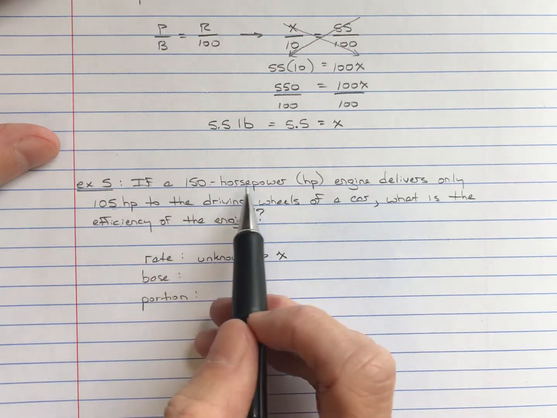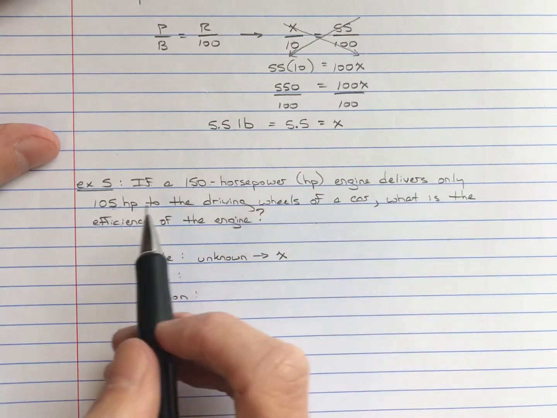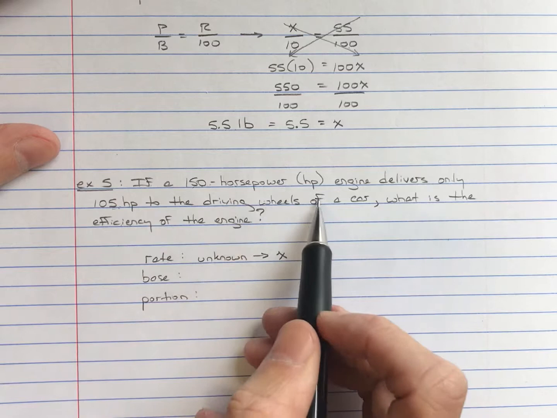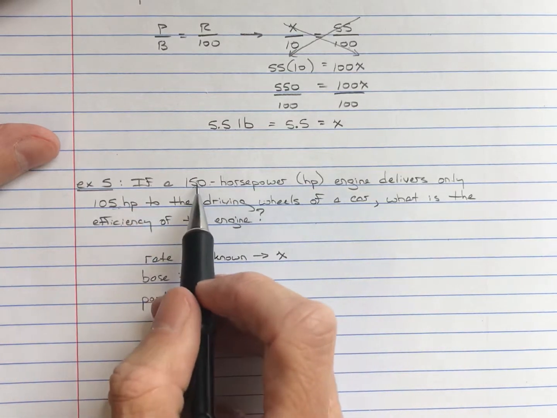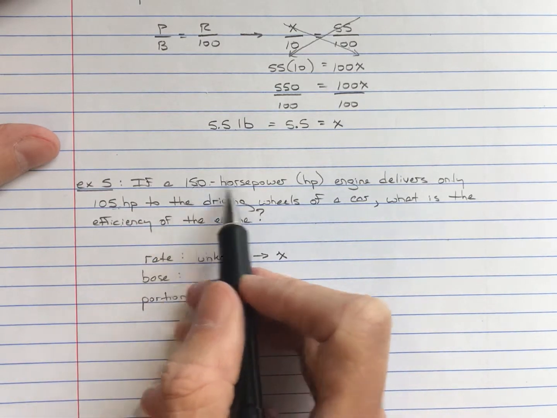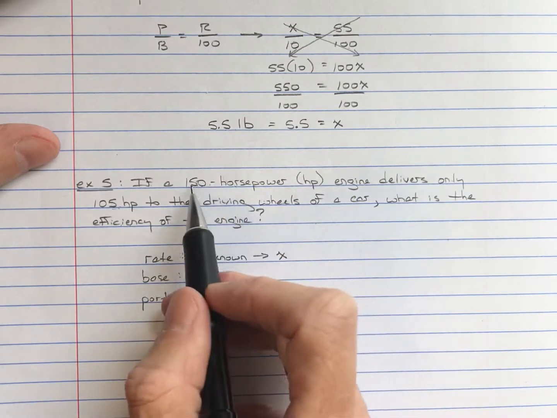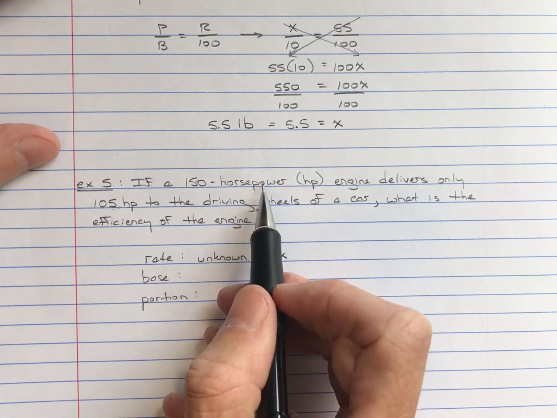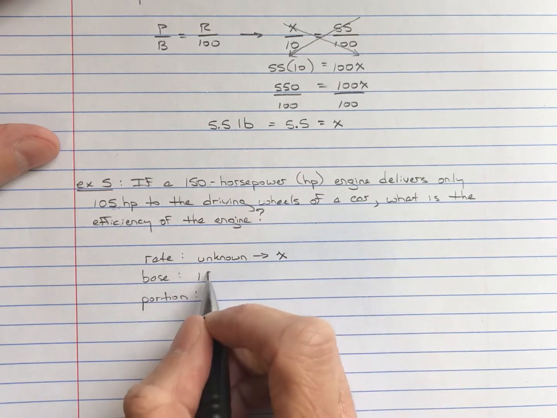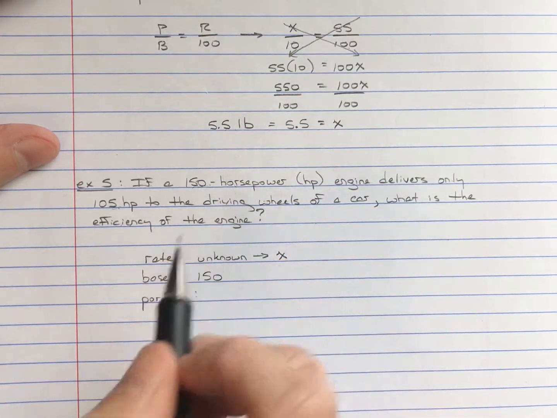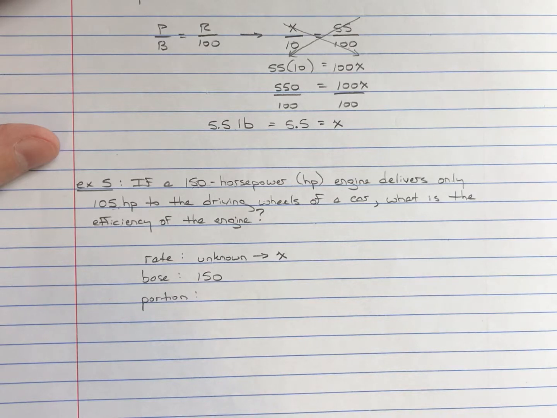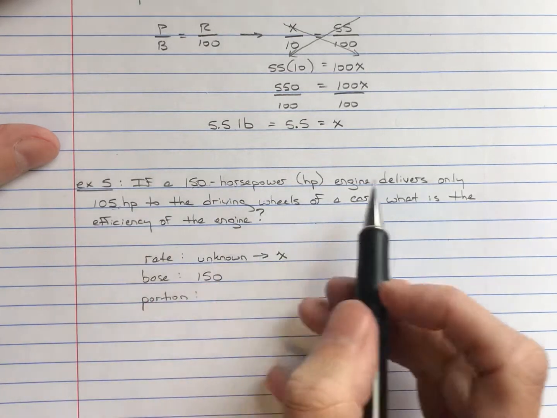If a 150 horsepower engine delivers only this much to the driving wheels of a car, well, this is the base, because this is the whole engine. This is the whole amount of power involved. So the base is 150 horsepower. Its maximum is 150 horsepower.